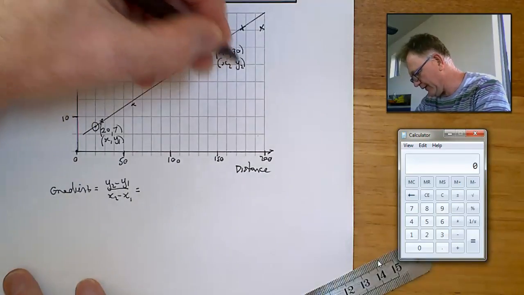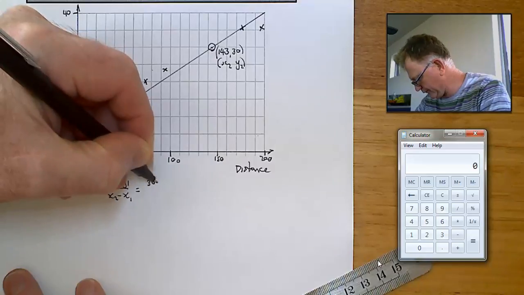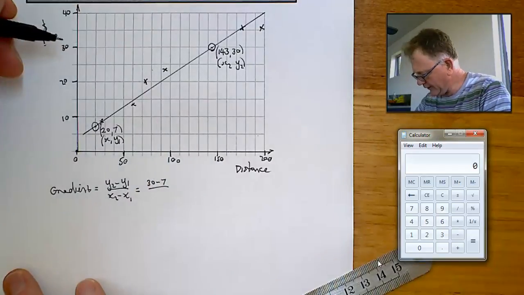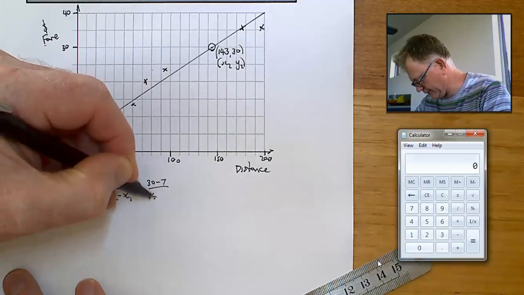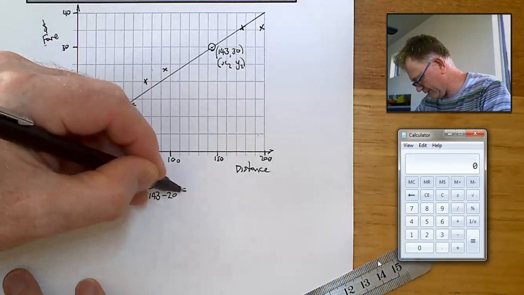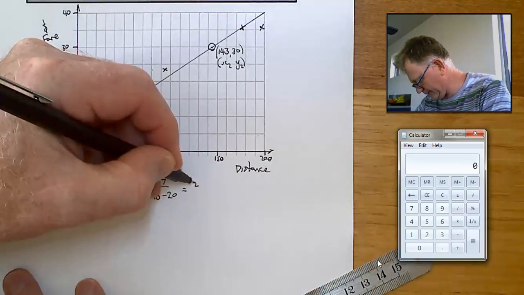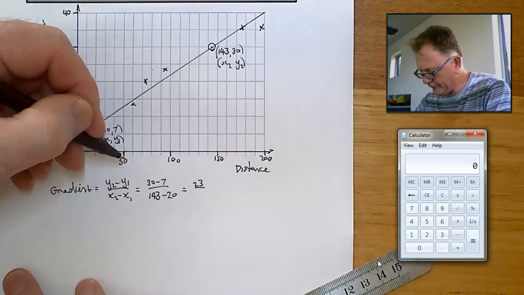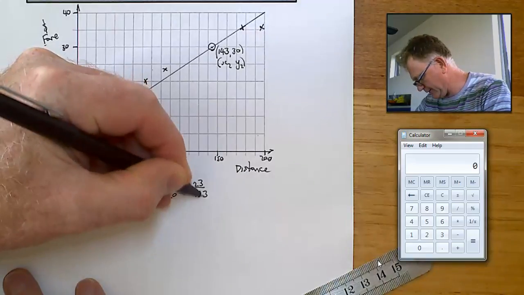So it's going to be 30 minus 7 over 143 minus 20. So 30 minus 7 is 23 over 143 minus 20, 123. Time to go for the calculator.